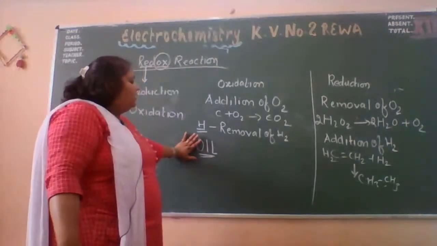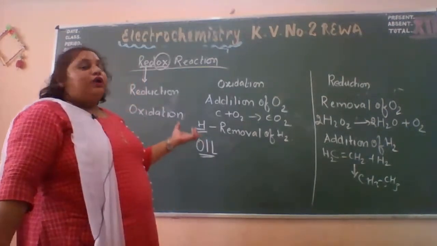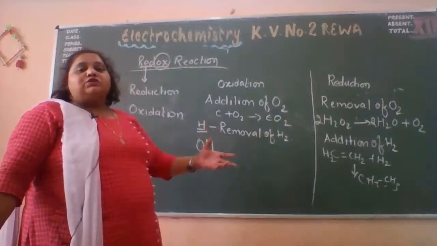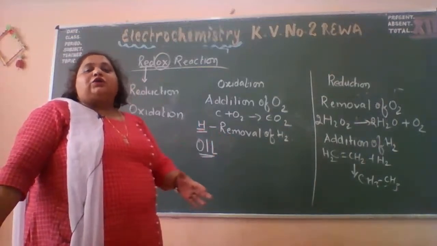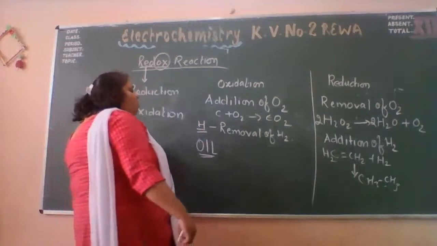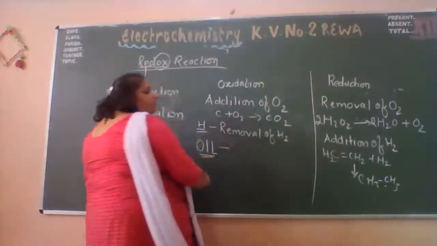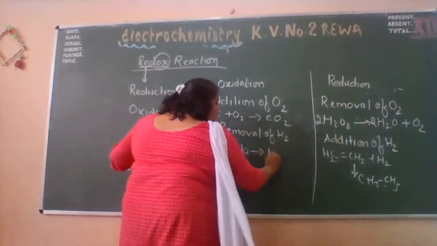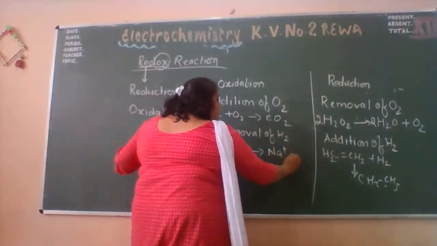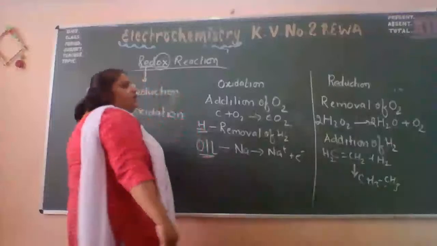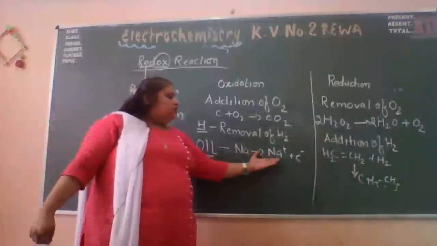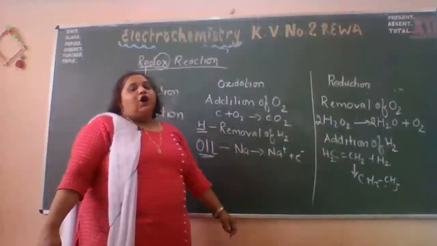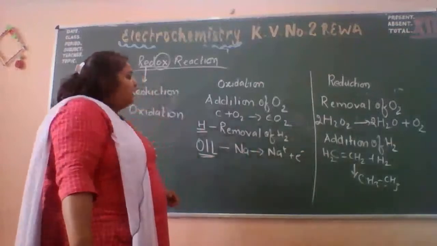The chemical reaction in which electron is lost, the process of losing of the electron, this is called the oxidation. For example, sodium loses its electron, it forms the Na plus. This is one example of the oxidation reaction.